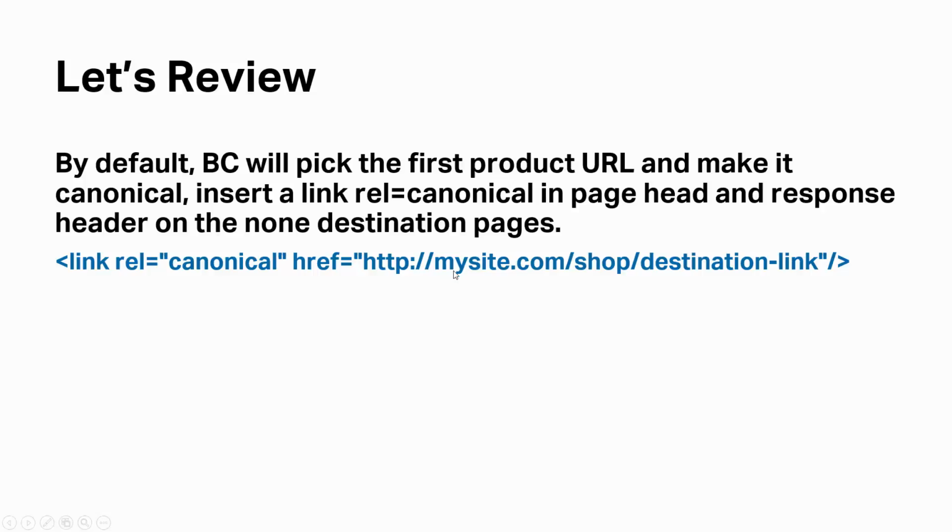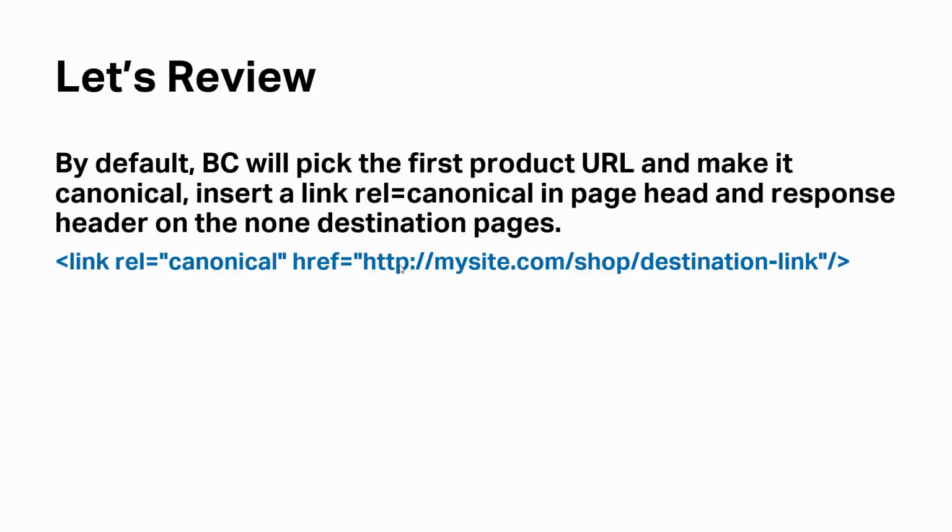So if this is mysite.com/shop/destination-link and there is /shop/destination-link 1234, then the destination-link 1234 pages would all have this canonical link, but not the actual destination link page itself, which is fine. A self-referencing canonical is okay.